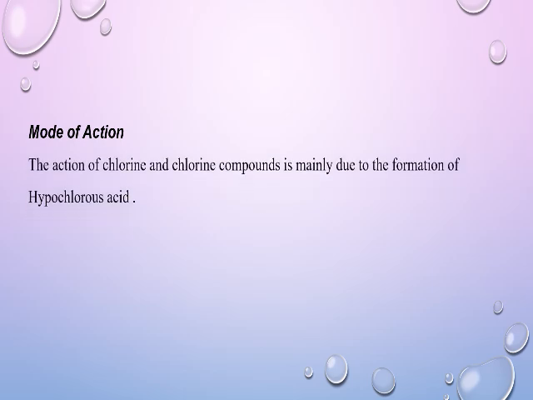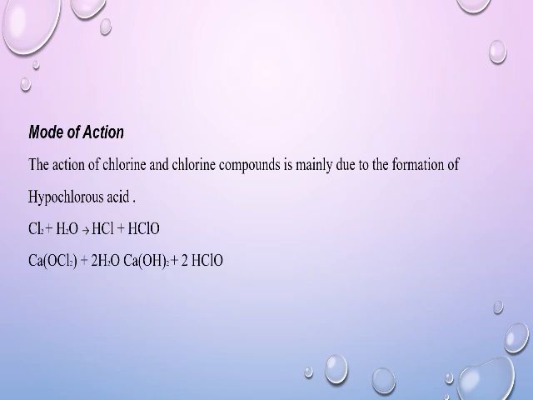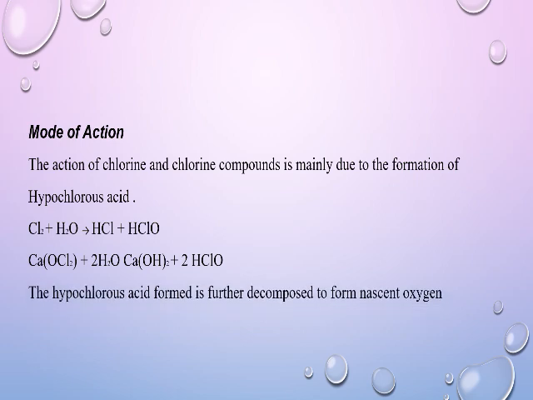The mode of action. The action of chlorine and chlorine compounds is mainly due to the formation of hypochlorous acid, as can be seen in this equation. The hypochlorous acid formed is further decomposed to form nascent oxygen.